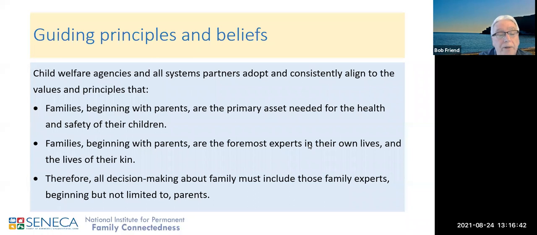How present are they in making those decisions? And if we're making decisions without them, by the way, the evidence shows that collaborative decision-making is superior to agency-centered decision-making. So whenever we're conducting agency-centered decision-making, we're not engaged in a practice that has strong evidence, yet we continue to do it. And why? So let's go to the next slide.